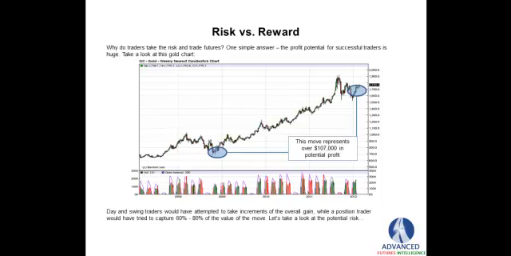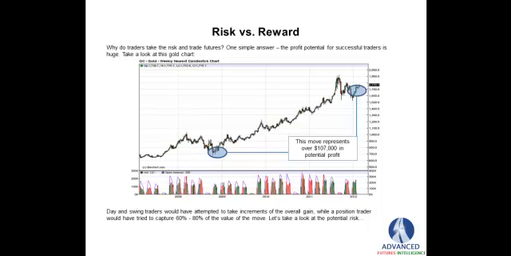Now, day traders and swing traders would have gone into this market as it's moving up, and they would have tried to take small increments of the overall gain. Now, what a position trader would have done would have been they would have established a position, and they would have tried to capture anywhere between 60 and 80% of the value of the move. That's profit.